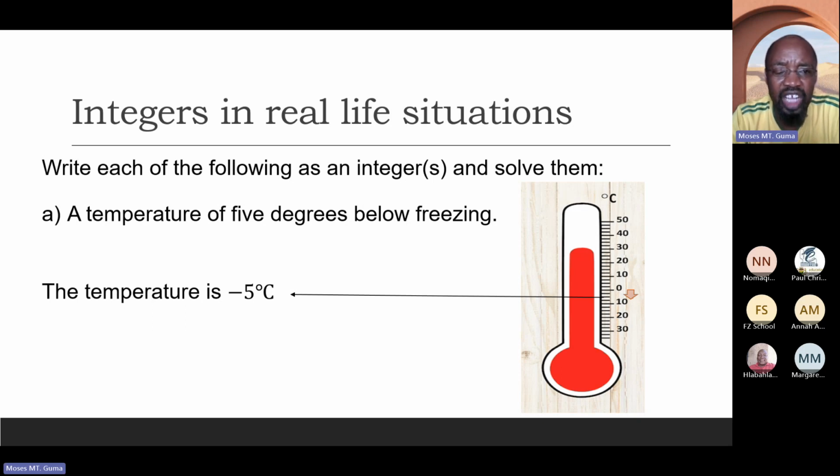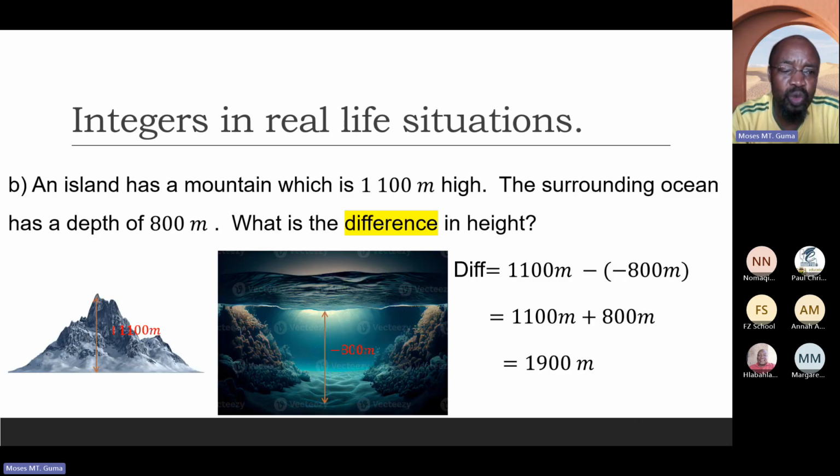A temperature of 5 degrees below freezing point. There is freezing point. Below freezing point, it means that it must be below 0. That would be minus 5 degrees Celsius, which is an integer. Let's move on to the next one.